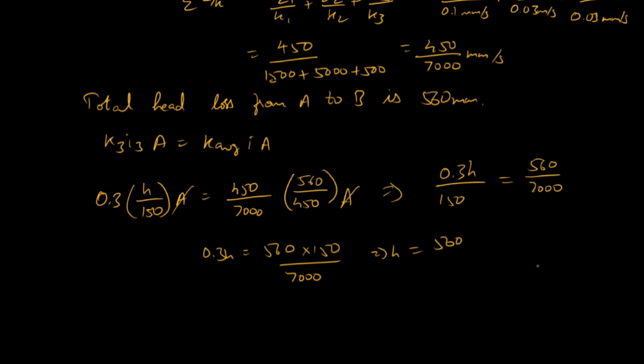H will be equal to 560 into 150 divided by 7000 into 0.3, equal to 40 mm.